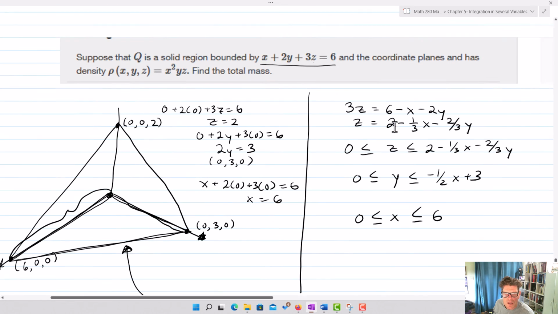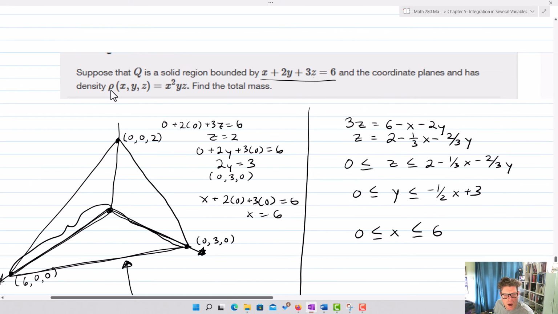So we'll take a look at our density. It's going to be x squared yz.